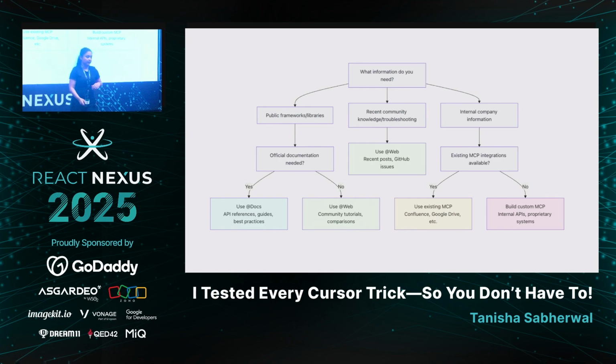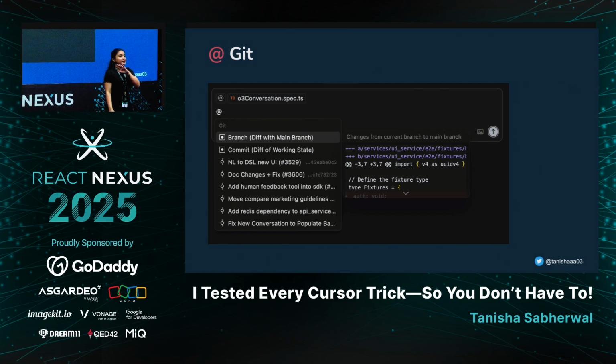private or public. Now this is by far my most favorite one, @git. So @git gives you access to all the diffs, like diff from your branch to the main branch, or diff of your working state from the current state that's already there on the version control. It also gives you access to different branches or commits that are out there.